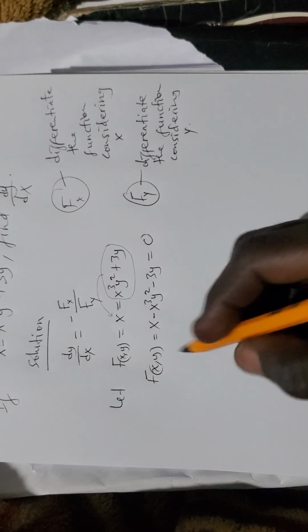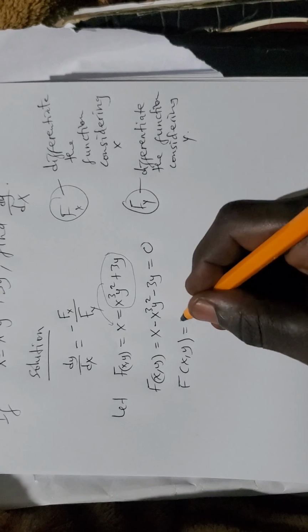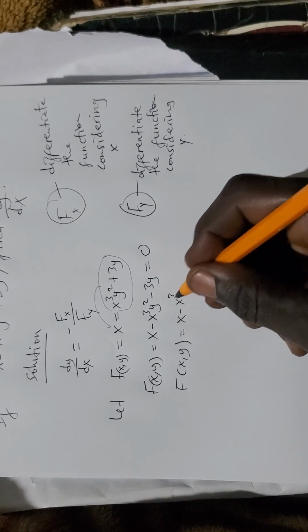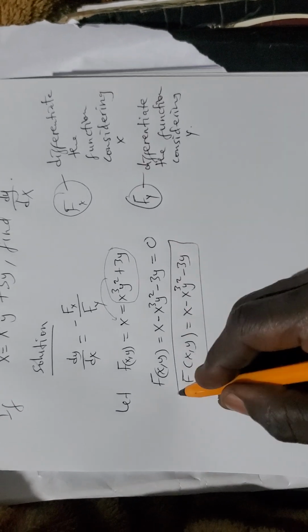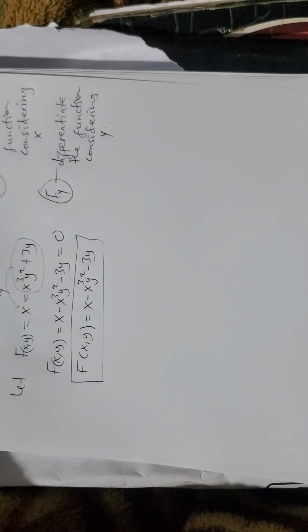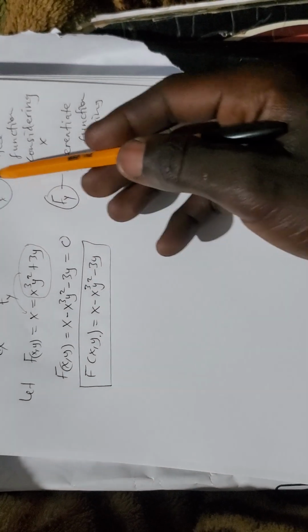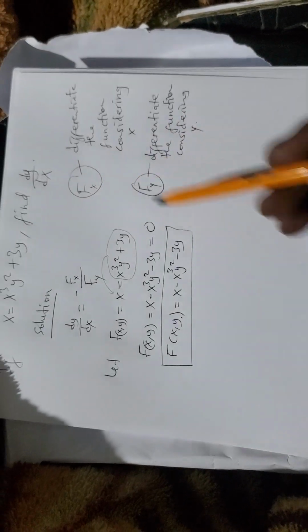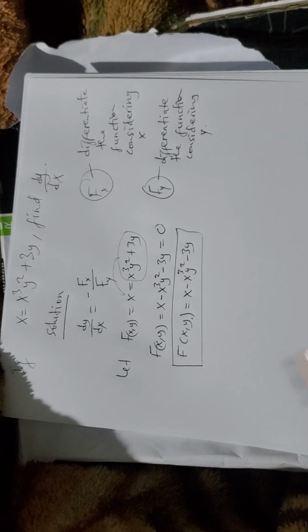From there ignore the 0 and you're going to have this function. So this is now our function. From there we can differentiate this function considering x to get this one, and then differentiate the same function considering y. So that is the case.